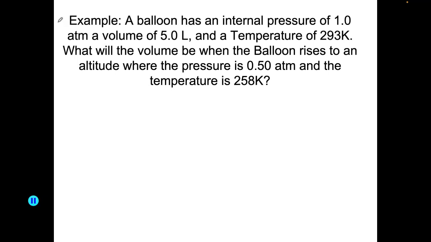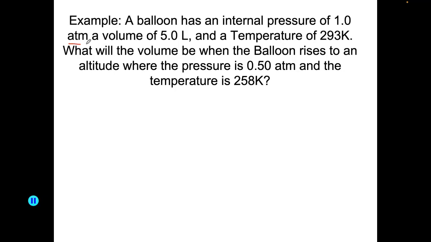The example they give in your notes is a balloon has an internal pressure of 1 atmosphere, a volume of 5 liters, and a temperature of 293 Kelvin. What will the volume be when the balloon rises to an altitude where the pressure is 0.5 atmospheres and the temperature is 258 Kelvin? One thing I'm going to look at is make sure I have things in the same units.